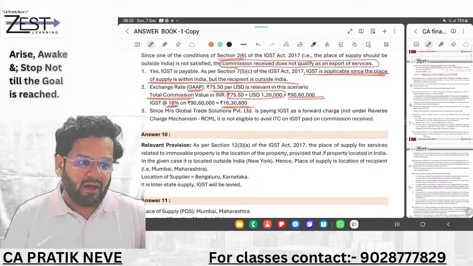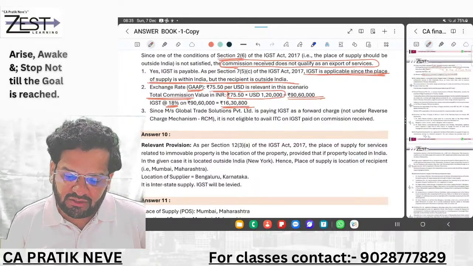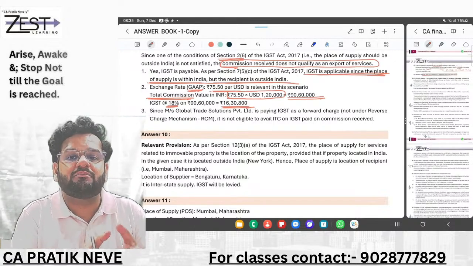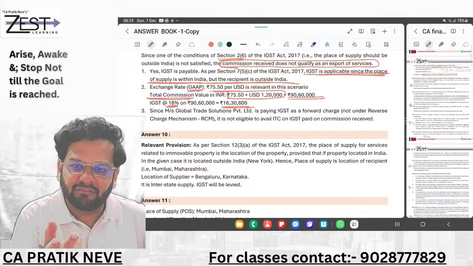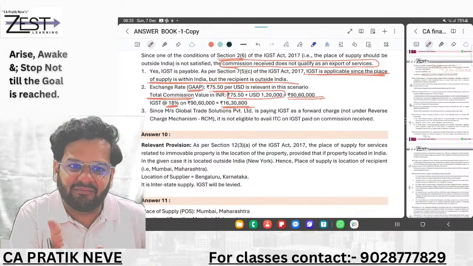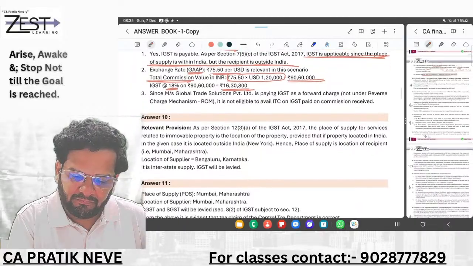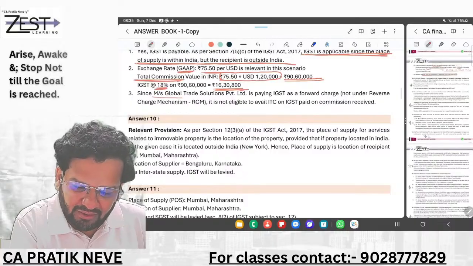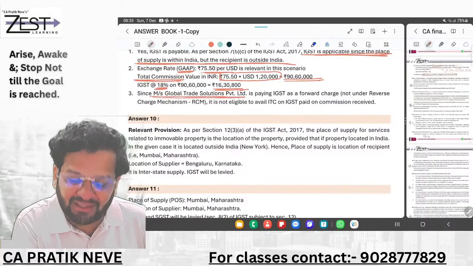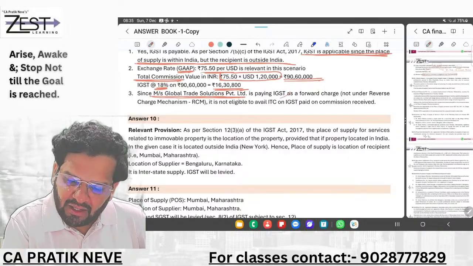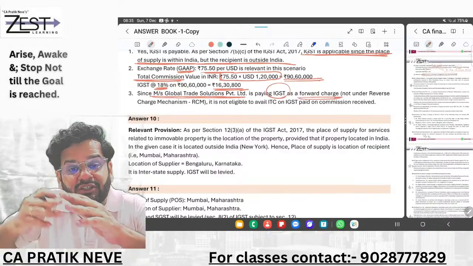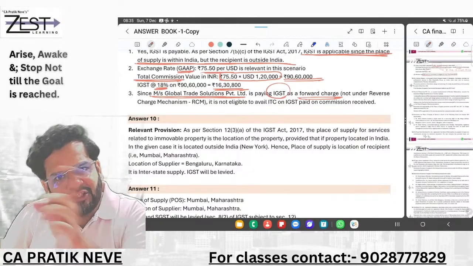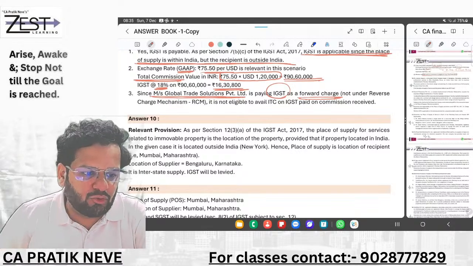Yes. Now, Global Trade Solutions Private Limited, that agent, is paying IGST under forward charge because it is on the supply of service to that particular person outside India.